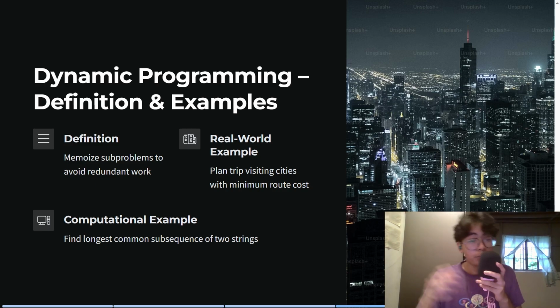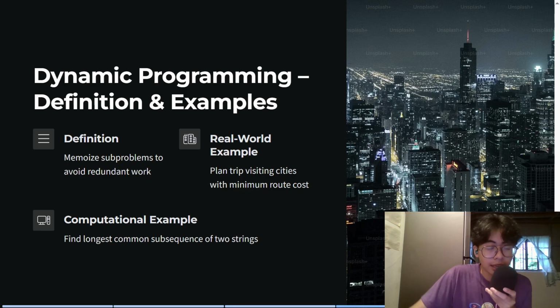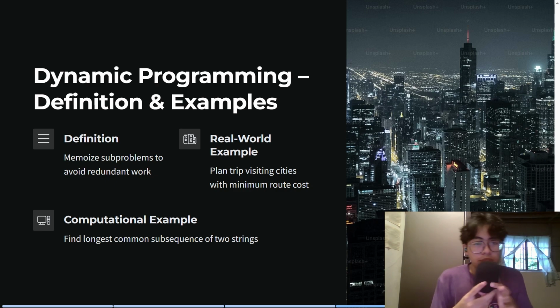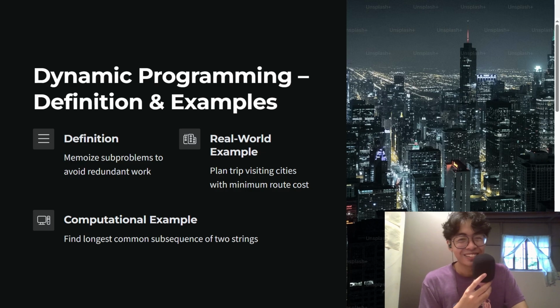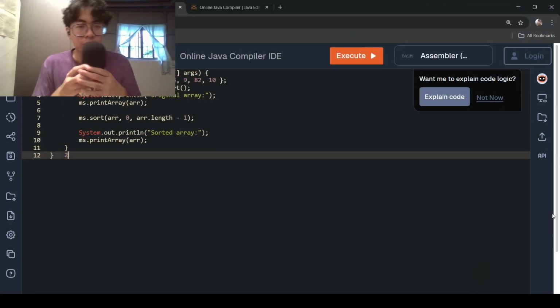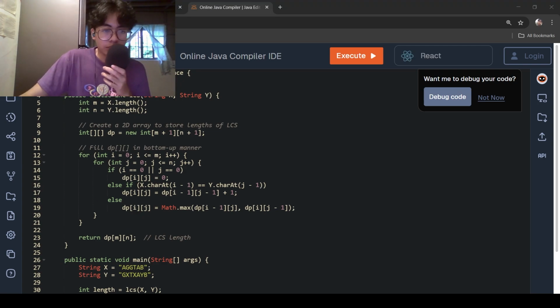So the computational example is LCS, which I believe is the longest common subsequence. Yes. So here is the code. Given two strings, find the longest sequence that appears in both.